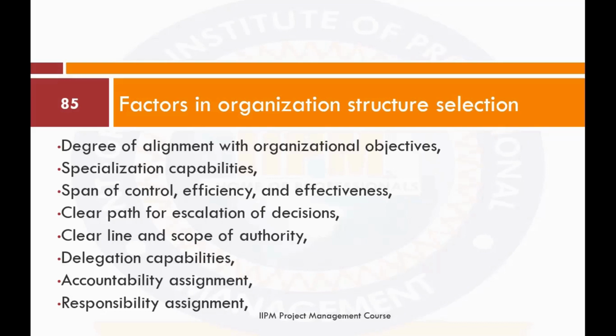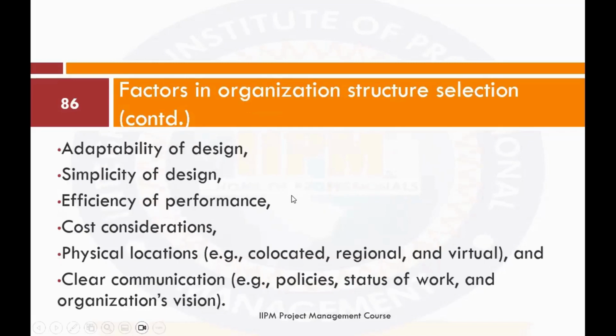But in an entrepreneurial pattern, the path is clear and fast. There you have a clear line and scope of authority, delegation capabilities, accountability assignment, responsibility assignment, and a whole lot more. All of these are factors to be considered in selecting an organizational structure.